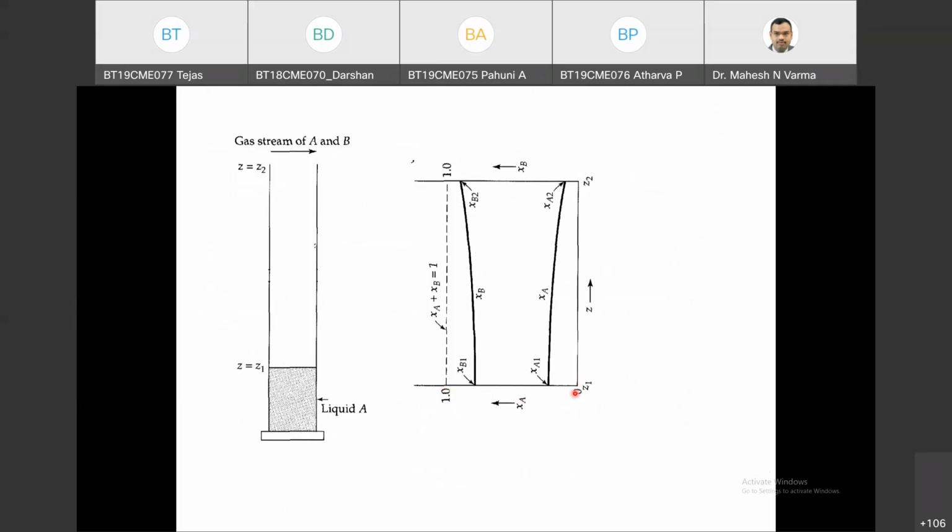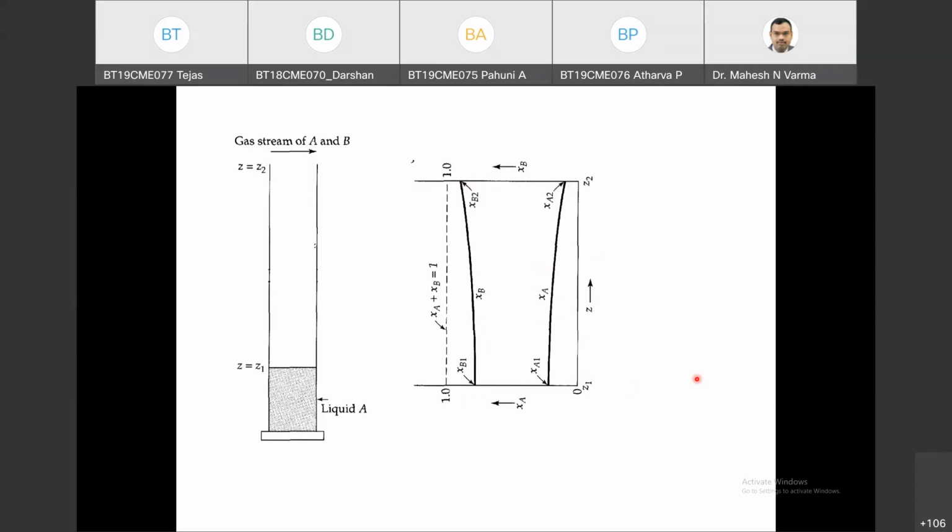So total mole fraction is 1. A will be highest here, and A will be lowest here actually. B will be lowest here, and B will be highest here actually.